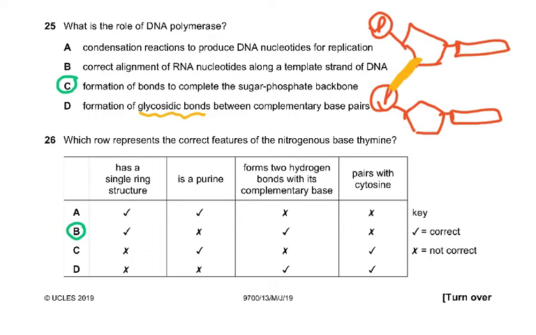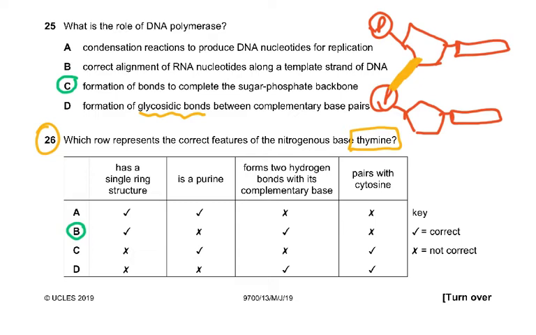Then we come to question number 26. Which row represents the correct features of the nitrogenous base thymine? I've done this with many of you. Thymine pairs with adenine. And what is thymine? It's a pyrimidine, and pyrimidines have a single ring structure.